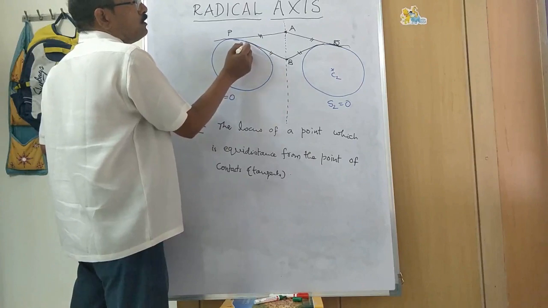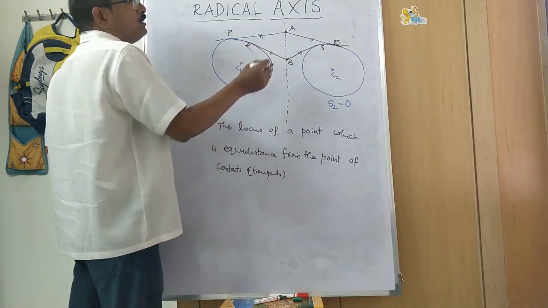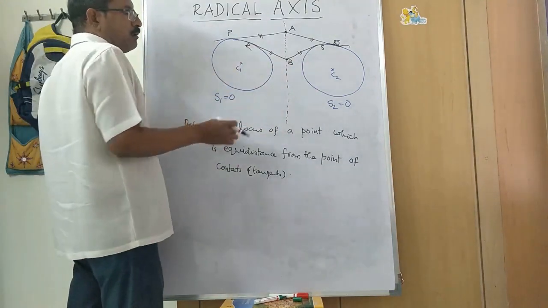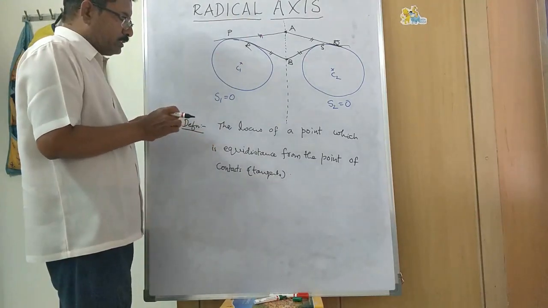And from some point B, here R and here S, BR is equal to BS, like that. So this line is called the radical axis of the two circles.